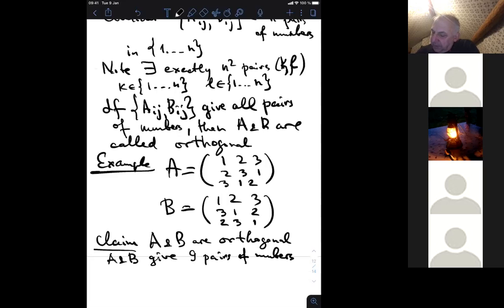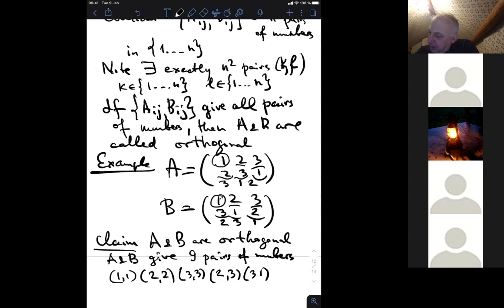So if we look at the place 1, 1, so if we look at here and here, we're getting 1 and 1. Now if we're looking here and here, we're getting 2 and 2. Here and here, we're getting 3 and 3. Now the second row, 2 and 3. This central element 3, 1.